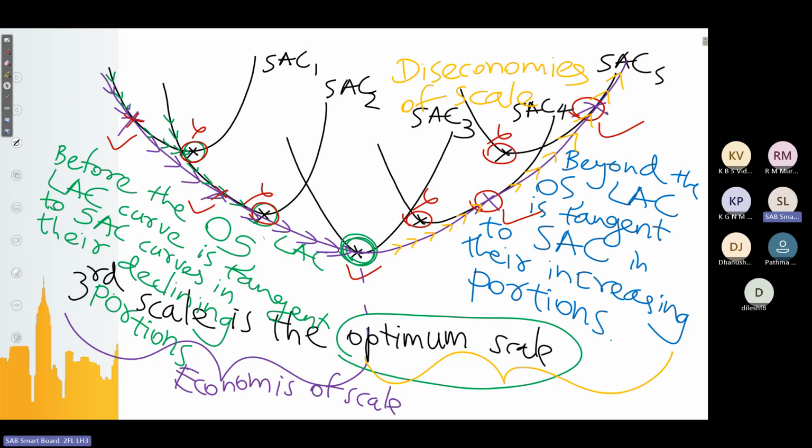Diseconomies of scale is a phenomenon in which the long run average cost is increasing. And at the optimum scale, long run average cost is the minimum.